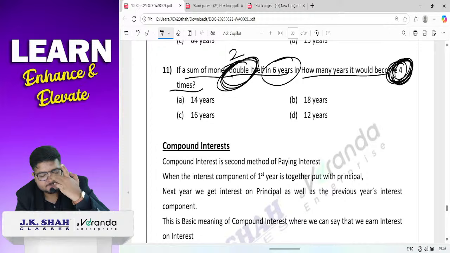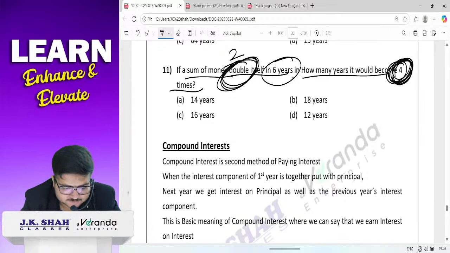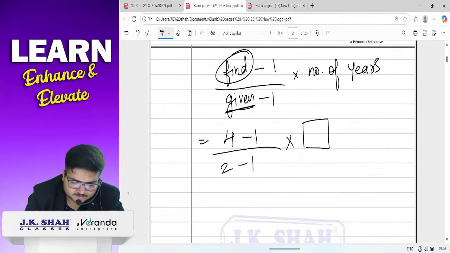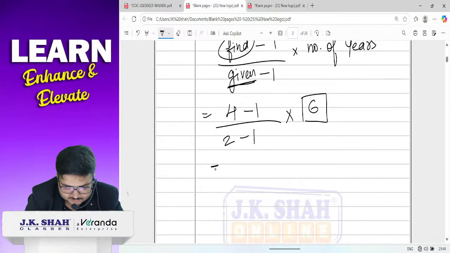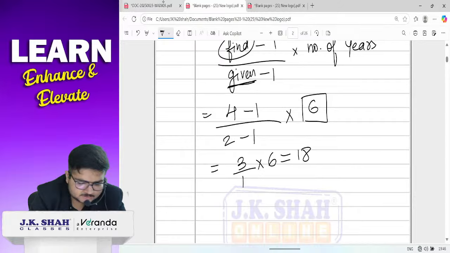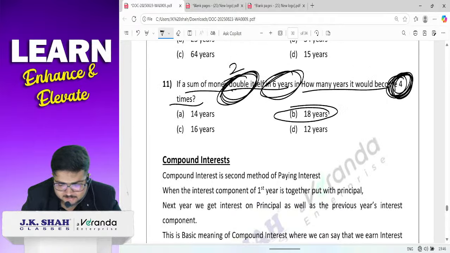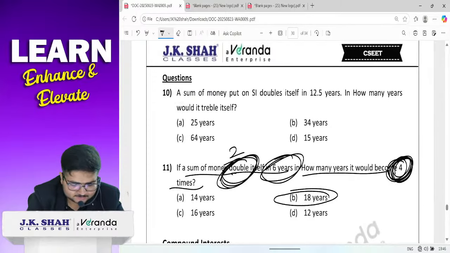Understood everybody? I have taught you this in your offline class. So I will put 6 here. Now the answer will be 3 upon 1 into 6, that is 18 years. So in 18 years, the money will be 4 times. Similarly, this is your homework.